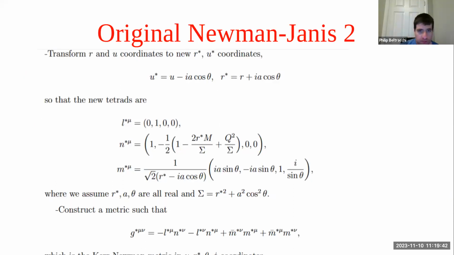Yes. So my question is, there are those three null vectors L, N, and M. However, there is also, in case of when this is a real metric, the M bar vector.